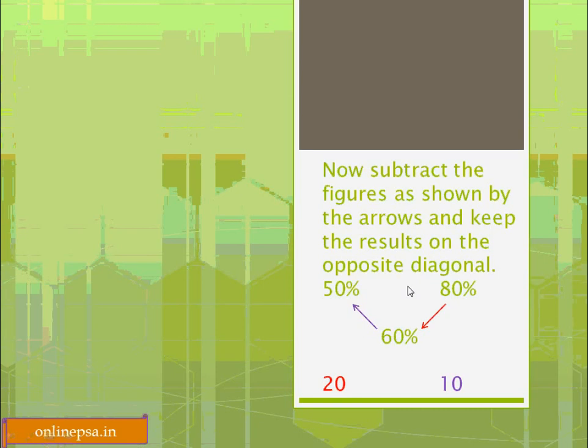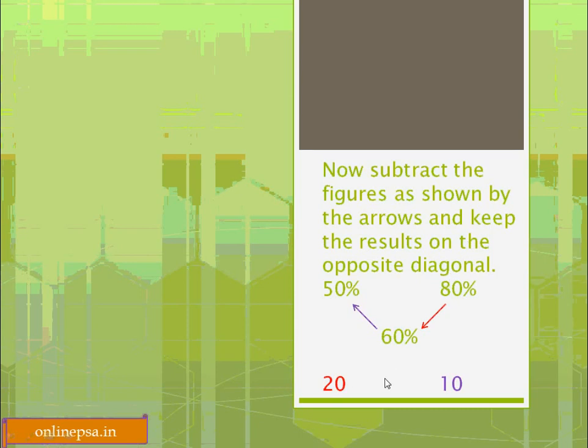The next thing is to subtract 60% from 80% and write the value here. 80 minus 60 is 20, we write 20 here, and 60 minus 50 is 10, we write here. So the results are written on the opposite diagonal.